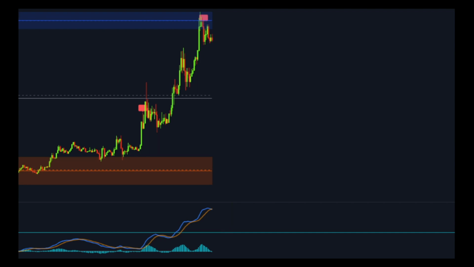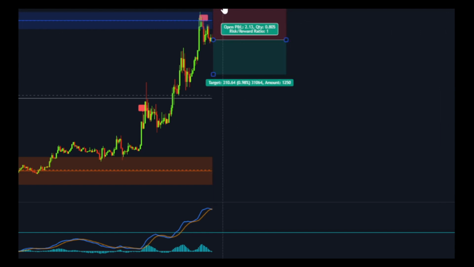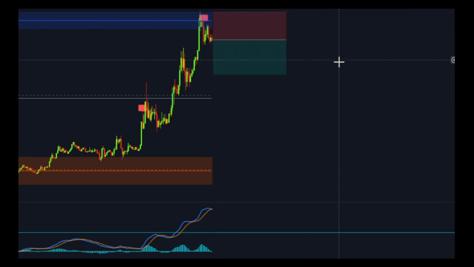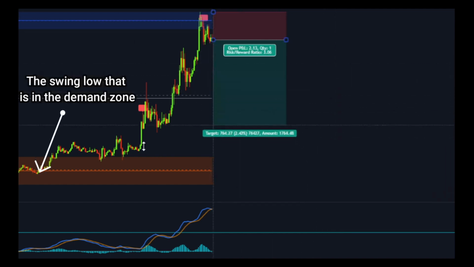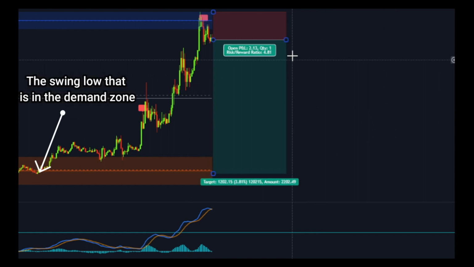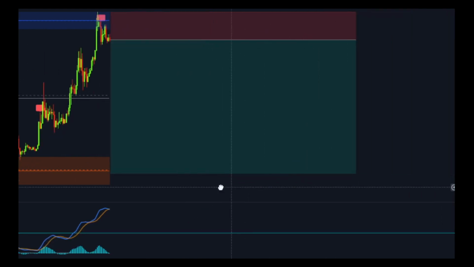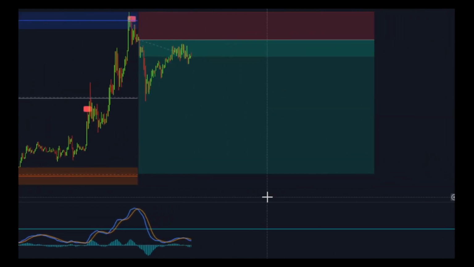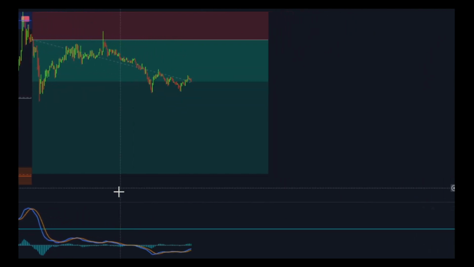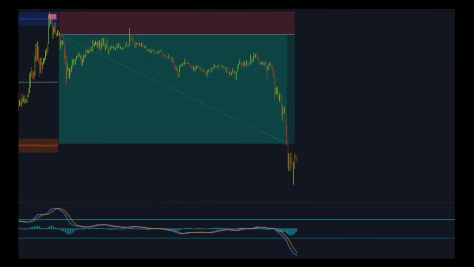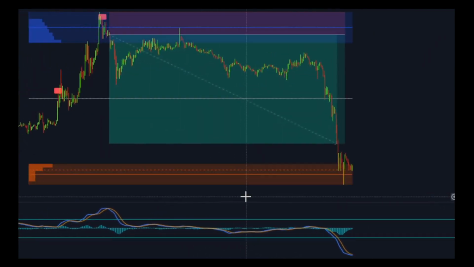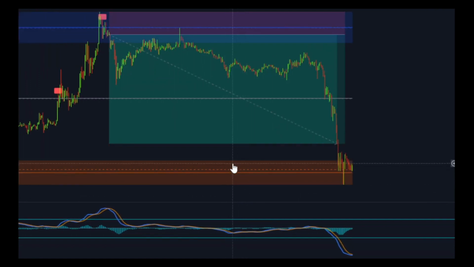So we take a short trade. We set our stop loss at the closest swing high. And we are going to place our take profit at swing low, which is in the demand zone. We see that it is a winning trade, and with an incredible risk-reward ratio.